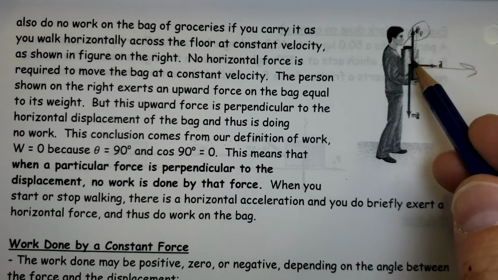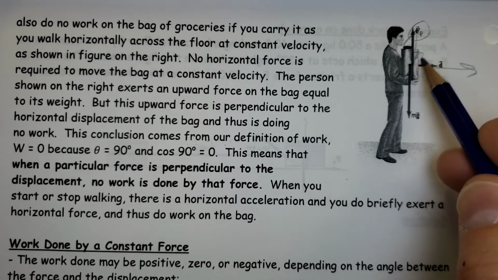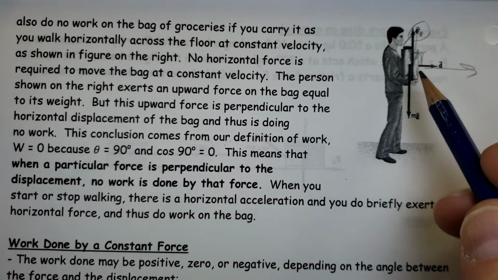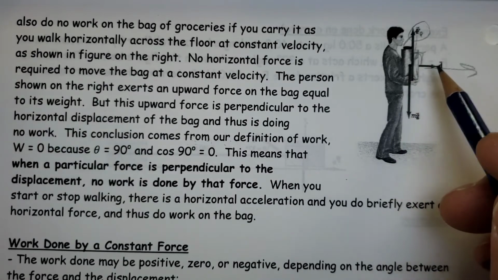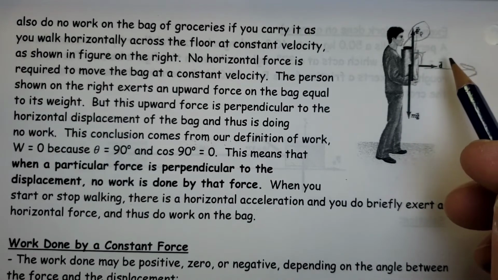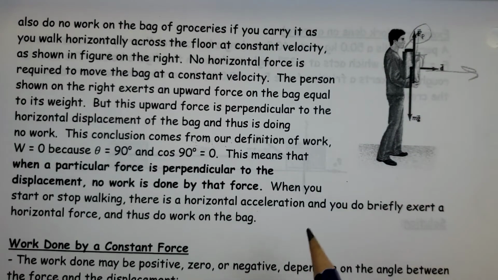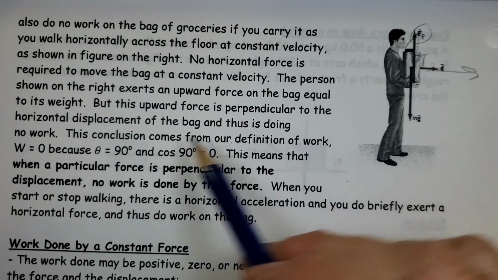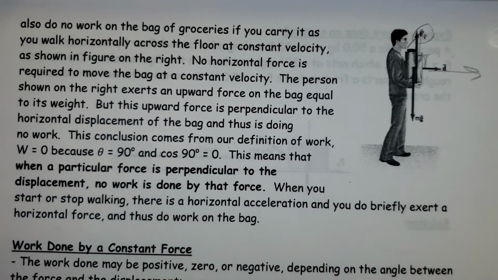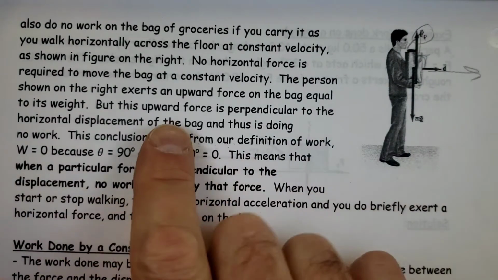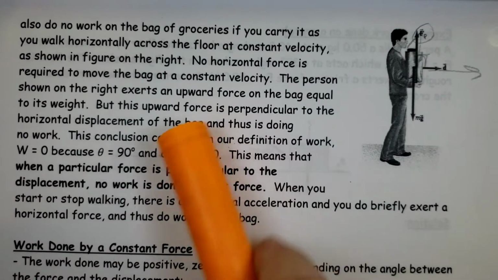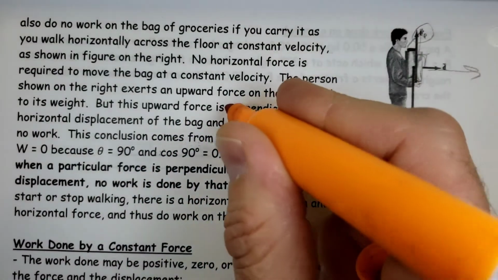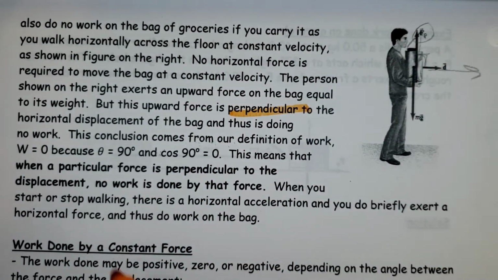Now this is an interesting case because the angle between them would be 90. Those of you from math class remember that the cos of 90 is 0. So you would have 0 work. If your force and displacement are perpendicular to each other, no work is being done. The person shown on the right exerts an upward force on the bag equal to its weight, but this upward force is perpendicular to the horizontal.